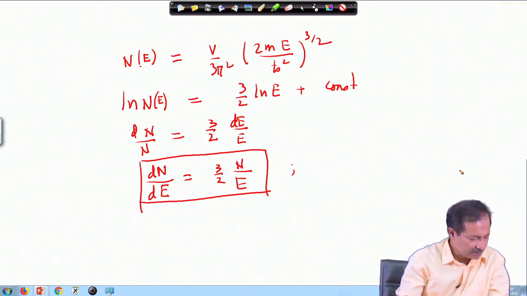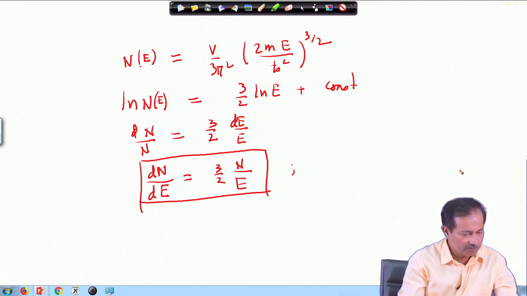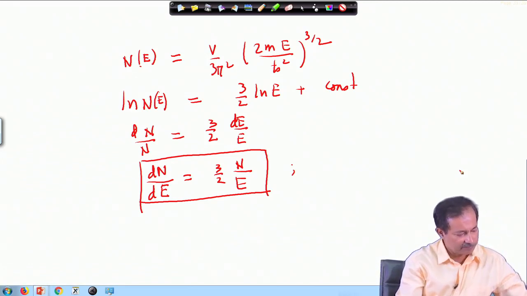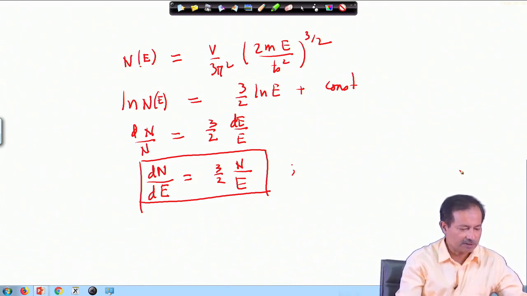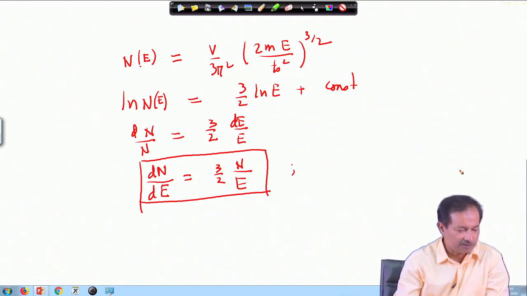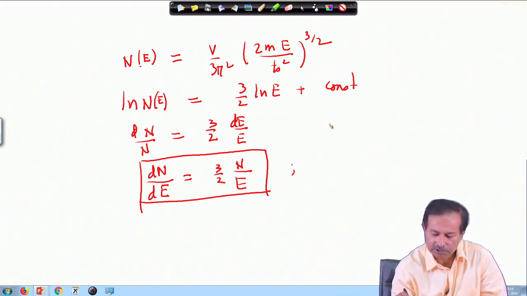So, what we want to do now is that once we have the volume in k space and the density of states, we can calculate certain quantities. For example, we can calculate the total energy. How much is the total energy?